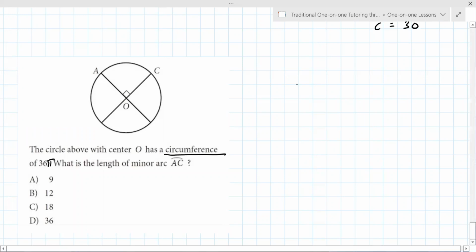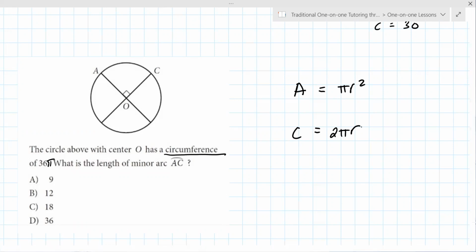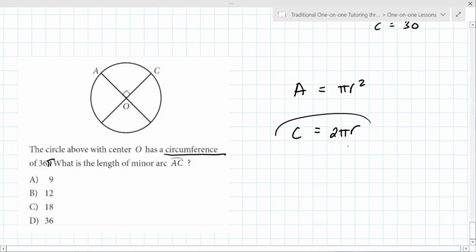Okay. Do you remember the formula for area or circumference of a circle? Pi r squared. Pi r squared is the area. How about circumference? It was like pi r squared times height or something. No. 2 pi r. Yeah, 2 pi r. And this is, again, another one they give you, but it's back on page 1. You may not have that. So we want the second one here. Okay. So they're telling you that the circumference is 36 pi.